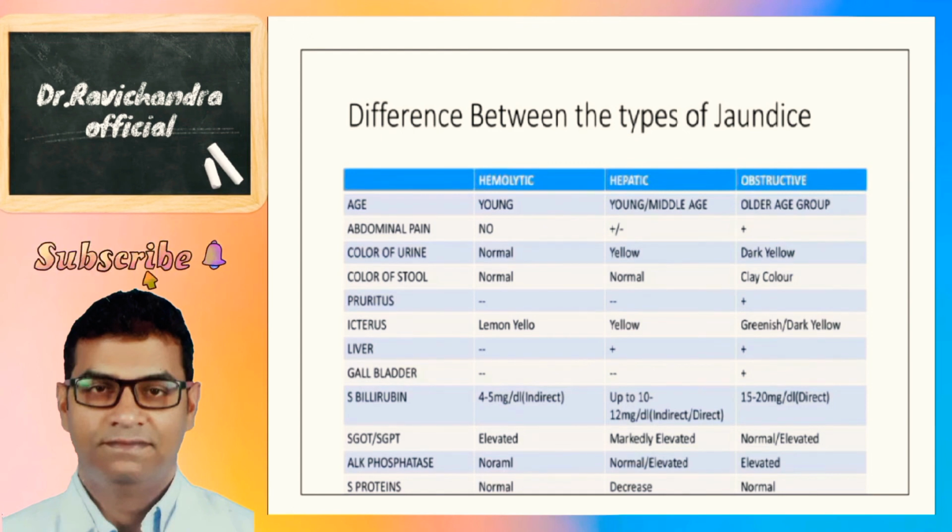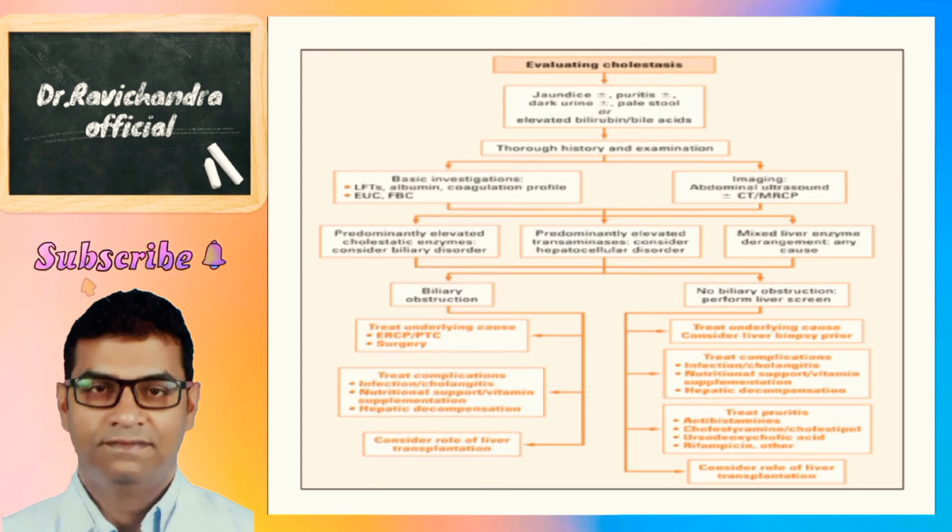ALT, AST: elevated in hemolytic jaundice, markedly elevated in hepatic jaundice, normal or elevated in obstructive jaundice. Alkaline phosphatase will be elevated in obstructive jaundice, and serum proteins will be decreased in hepatocellular jaundice and normal in hemolytic and obstructive jaundice.